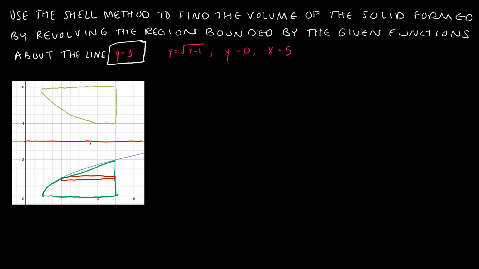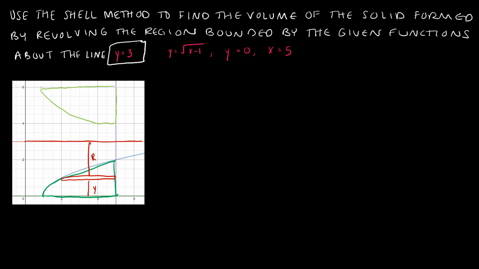Now I need this value to be r. So how am I going to fix that? Well, as we just said, this value is y. So from the x-axis to our function is the same as the y value, and I need the opposite of that. So I need the other side of that line.